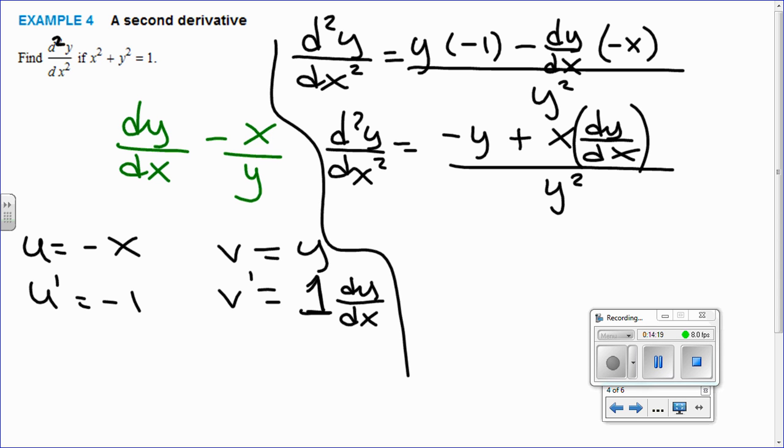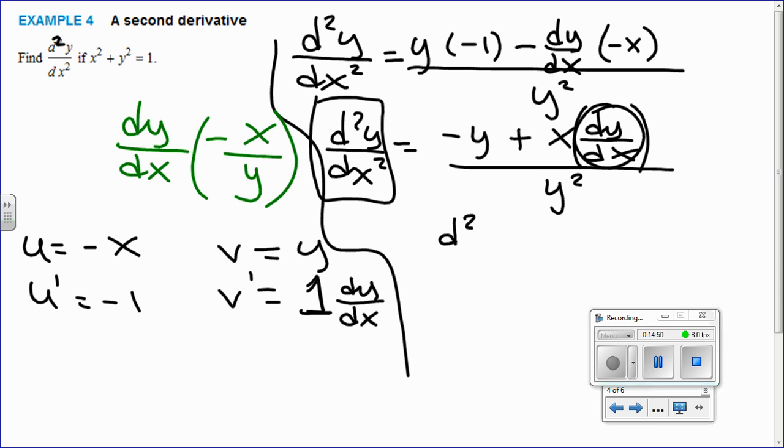If you're thinking about getting rid of the fraction or solving for dy/dx, yes, we could do that, but then we would be leaving this one unsolved for, and we don't want to do that. What we're going to do instead is a lot easier. We're just going to substitute that dy/dx, because we know what it is. We're going to use the equation that we found last week, or I mean, Monday.